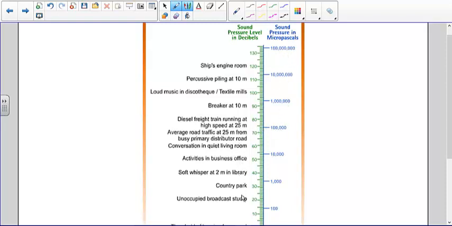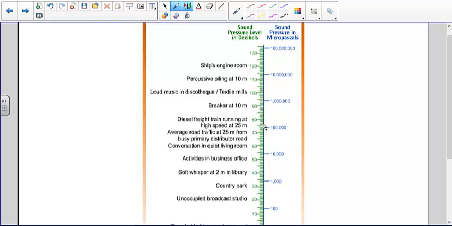It also turns out that there's sound pressure, but there's also perceived loudness, and every 10 decibels is a perceived increase in sound of 2 times.